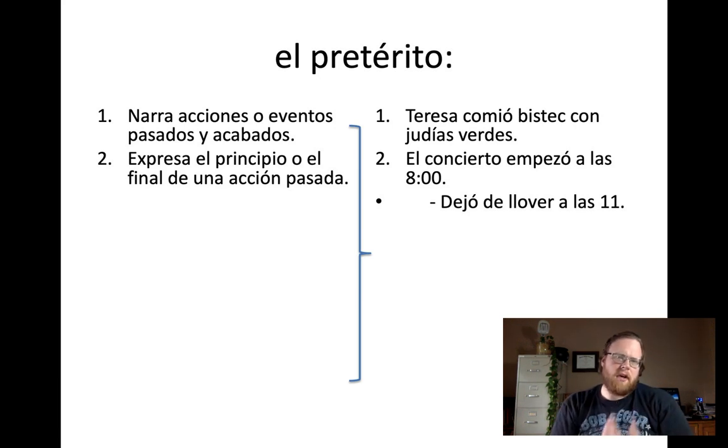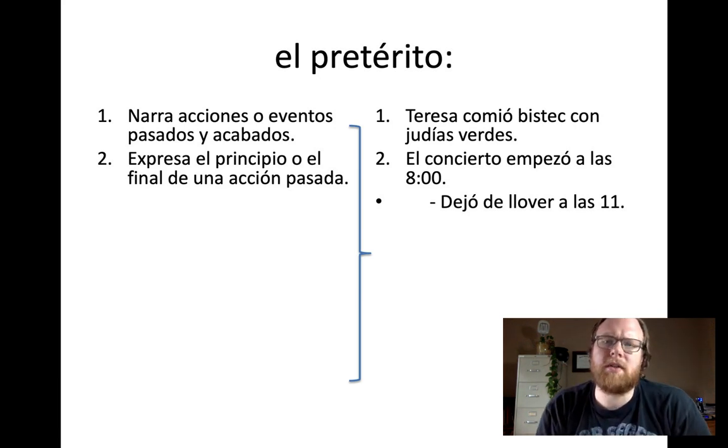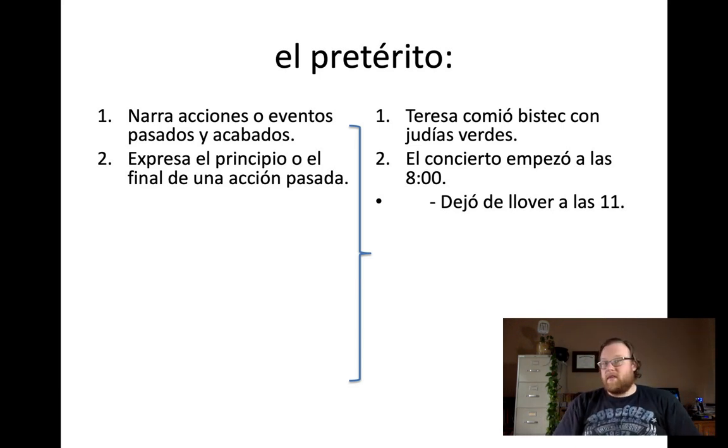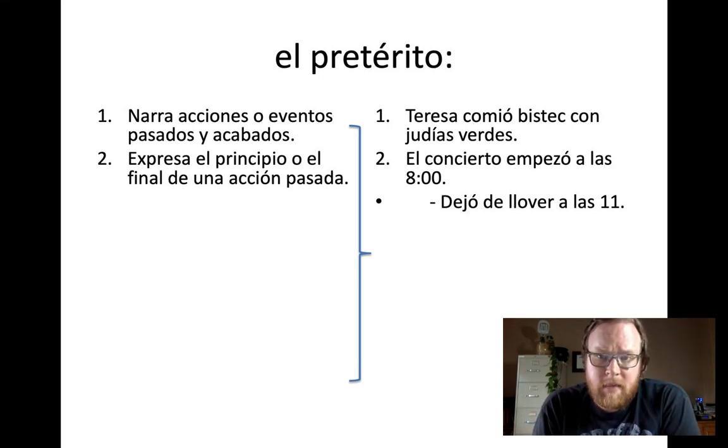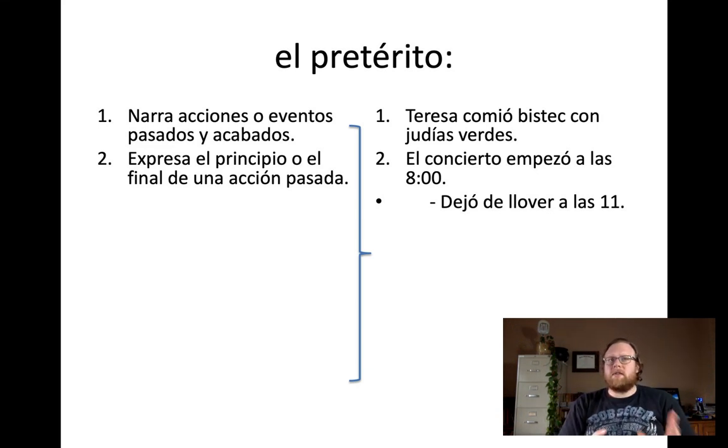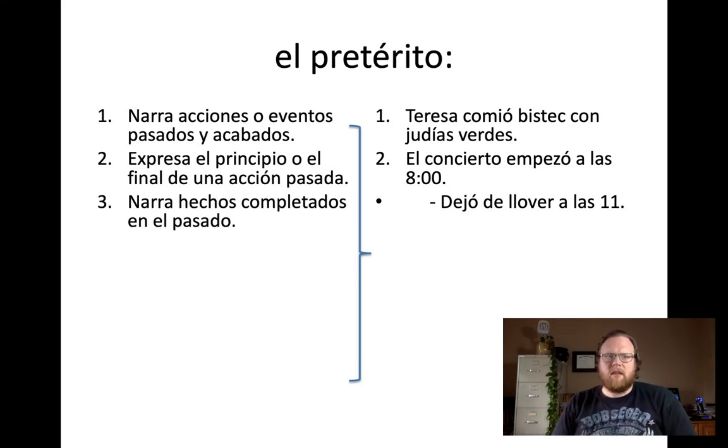Entonces, por ejemplo, el concierto empezó a las 8, concert started at 8, o dejó de llover a las 11. It stopped raining at 11. So again, specific beginnings, endings, specific moments in time.